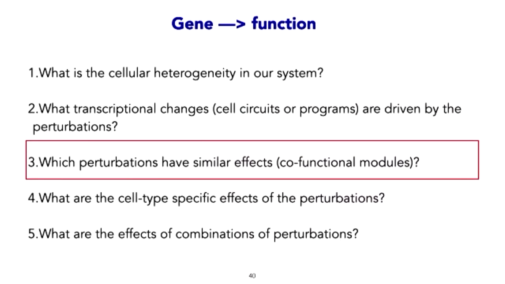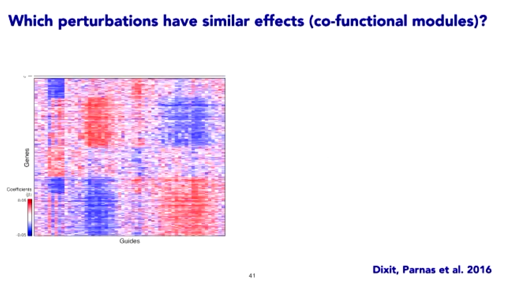Can perturbations have similar effects? Perturbations which have similar effects are also called co-functional perturbation modules. By going back to this matrix of guide effect sizes, we can see that there are these blocks or modules where a guide has a similar effect on a set of genes.